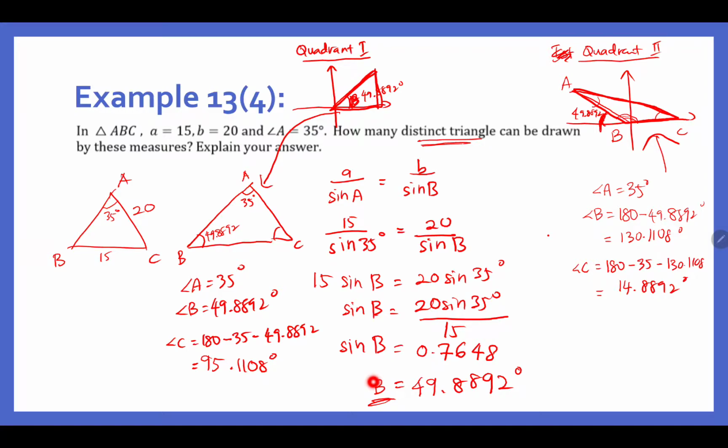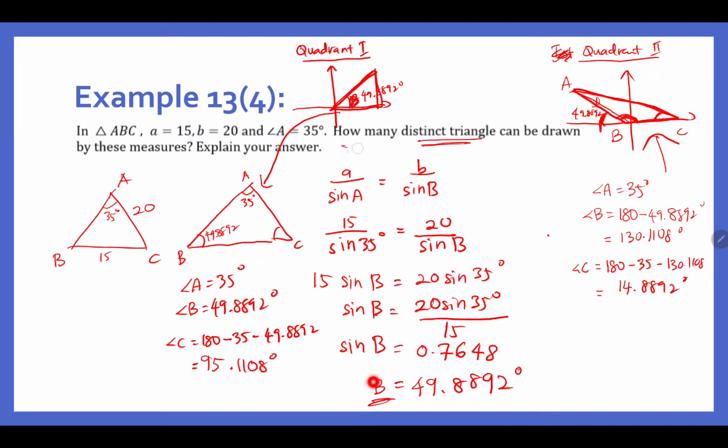Maksudnya dekat second quadrant pun possible untuk draw a triangle with the angle of each vertex. Vertex A 35, vertex B 130.1108, vertex C 14.8892.